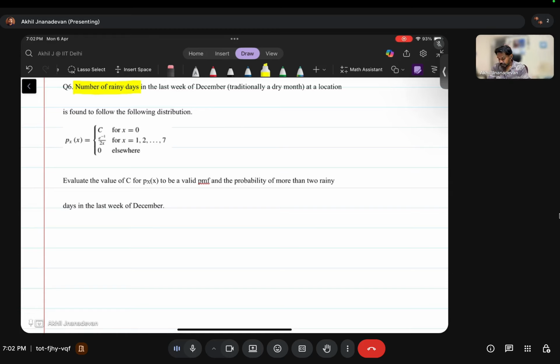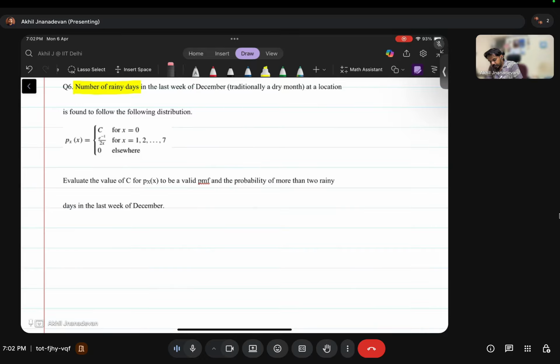A week has 7 days, and it is in December, and the number of rainy days in the last week of December at a location is found to be the following. So p_X(x) is basically a probability.